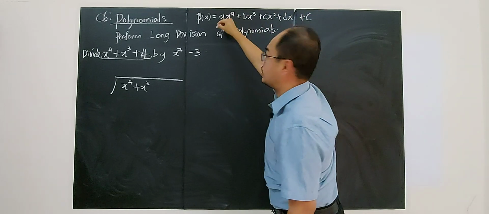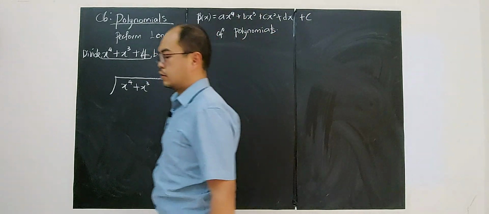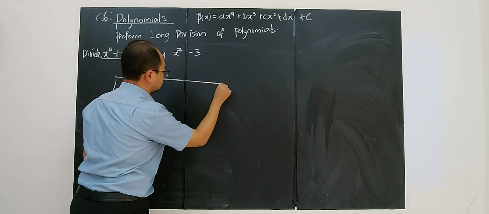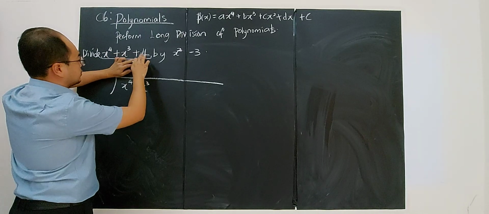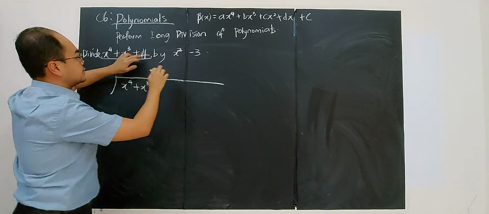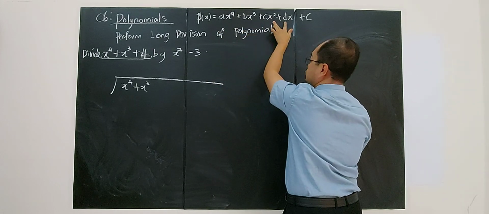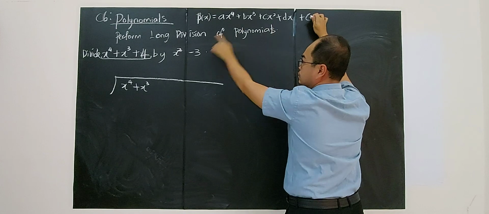It's a chain, right? From x power 0, x power 1, x power 2, x power 3, x power 4. To avoid mistakes, I suggest you put a 0, because this is a constant, meaning there is a gap here. You see x power 4, x power 3, then these two terms are 0, then the constant 4.